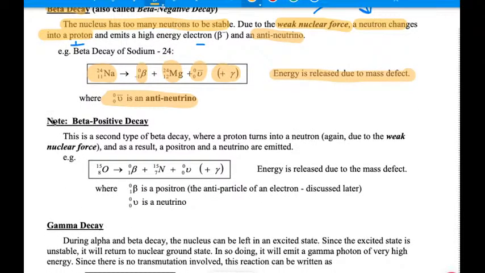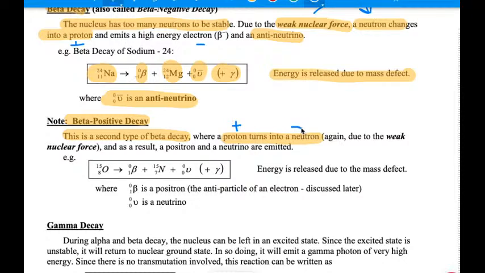So this is almost identical, right? Second type of beta decay, but here we're getting a proton turning into a neutron. So since we're going from positive to neutral, proton to neutron, we're kind of losing some positive charge.